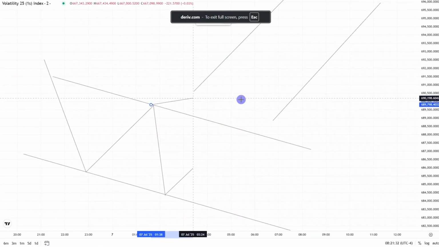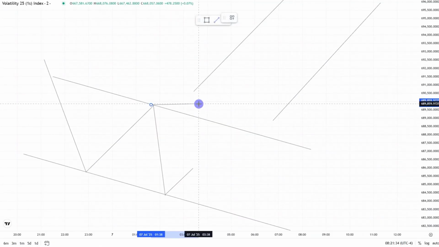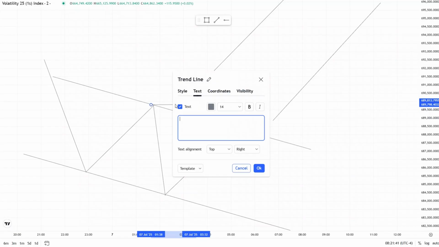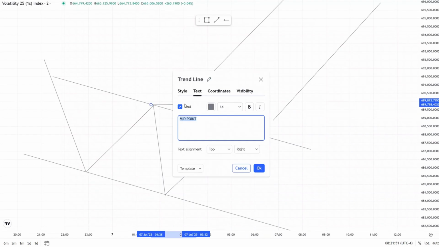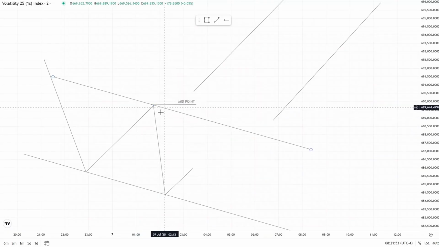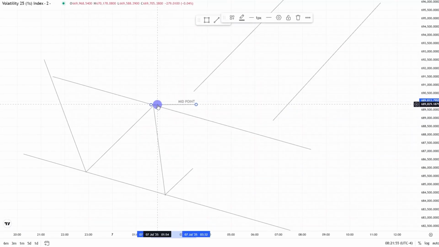So this part right here is your midpoint, right? You must not get this wrong, guys. You must not. So this right here would be your midpoint, and that should be present at all times, right?